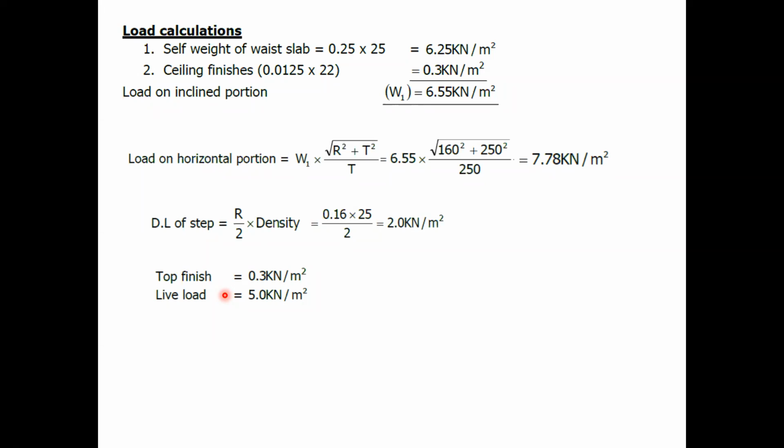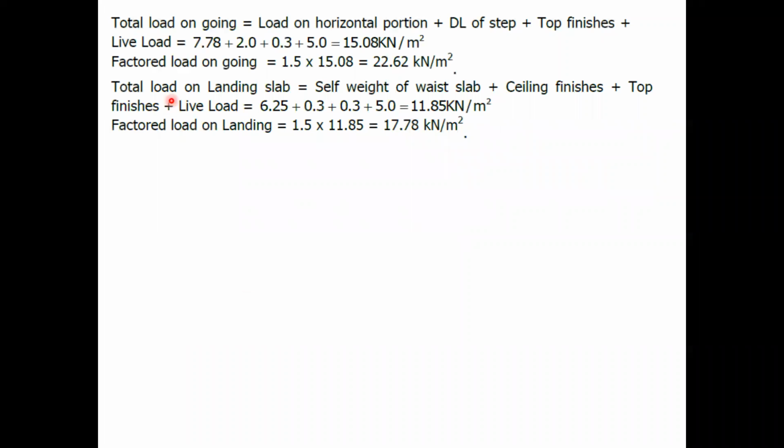The total load on going is the load on horizontal portion plus the dead load of step plus the top finish plus the live load, which is 7.78 plus 2 plus 0.3 plus 5.